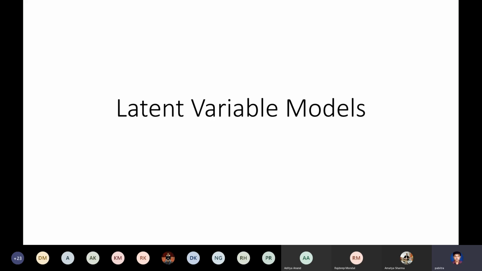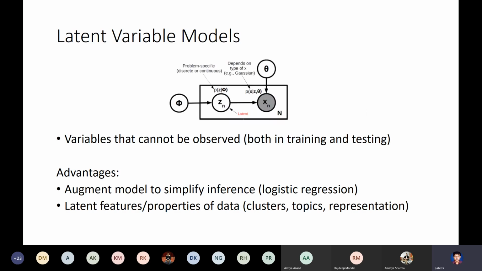In this plate diagram, you can think of it like this: you have a set of observations x1 to xn, which are observed, and there is a latent variable zn, which is not observed, neither during training nor during testing.